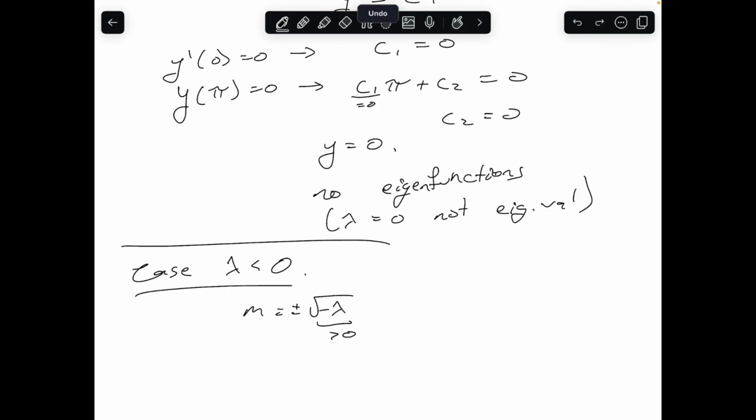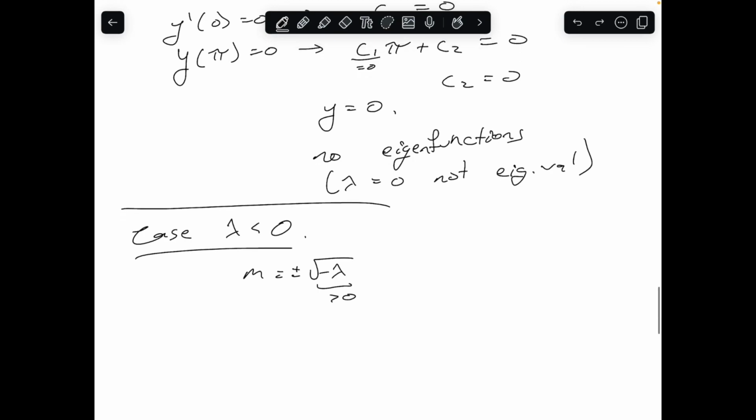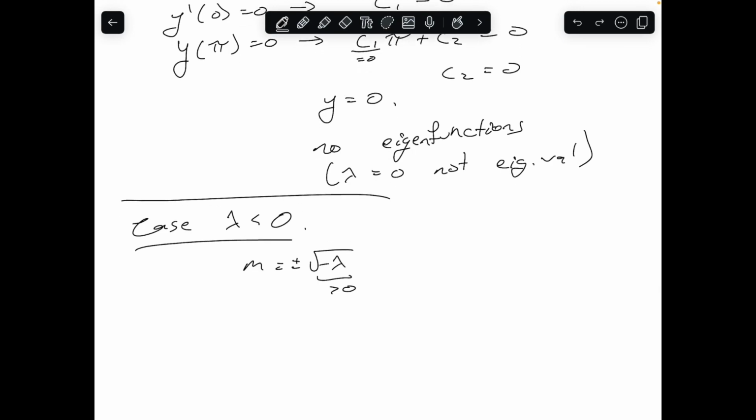Just like flipping the sign, you're flipping the inequality as well. And so this gives us two real roots, and so you could do c1 e to the m1x plus c2 e to the m2x as your general solution, or you could jump to the other solution.